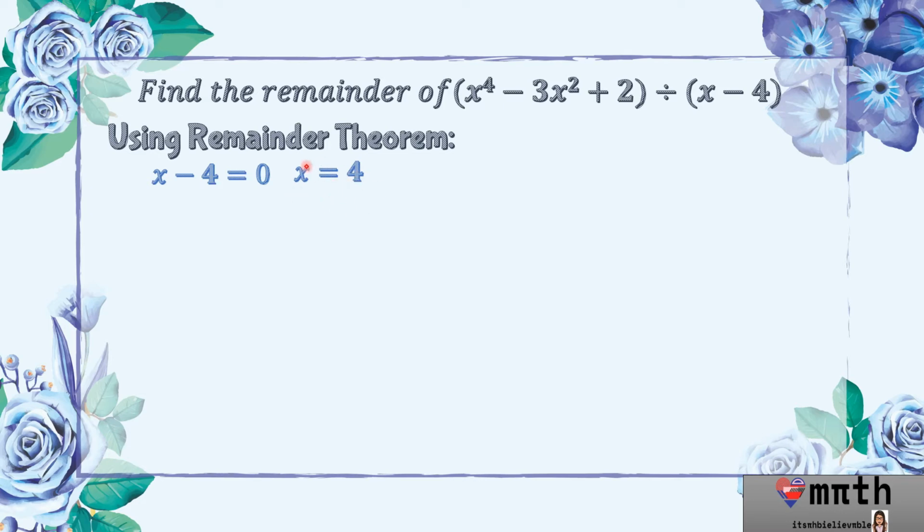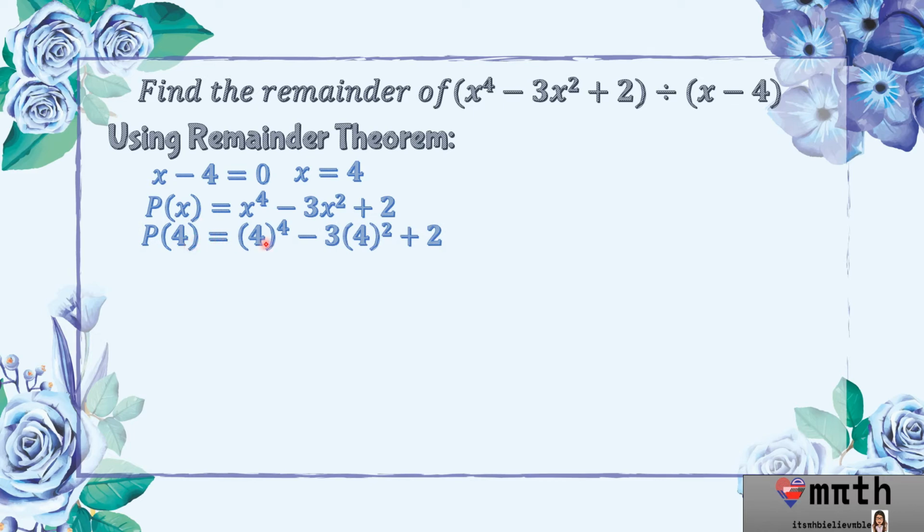Now, since we have the value of x, we can substitute it into our dividend, x raised to 4 minus 3x squared plus 2. Replacing the x's by 4, that will be p of 4 is equal to 4 raised to 4 minus 3 times 4 raised to 2 plus 2. Now, let us simplify by simplifying the exponents: 4 raised to 4 is equal to 256, and 4 raised to 2 is 16.